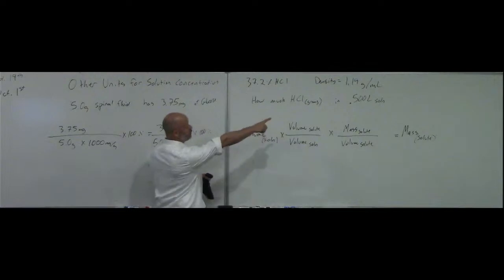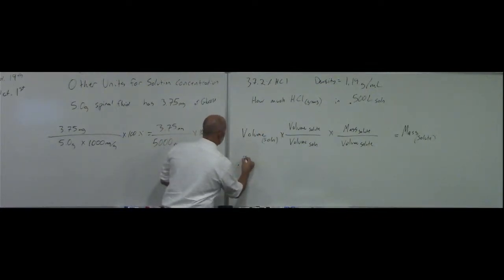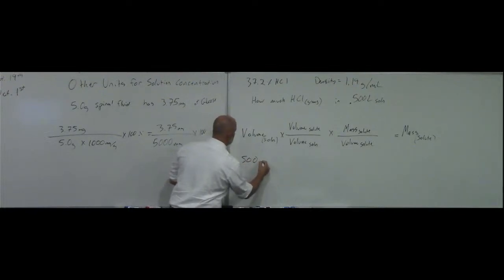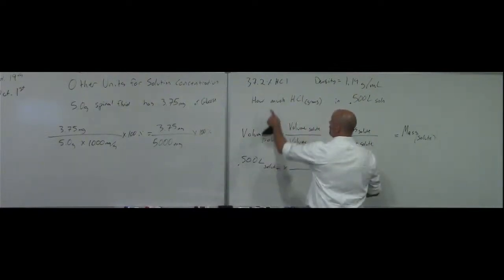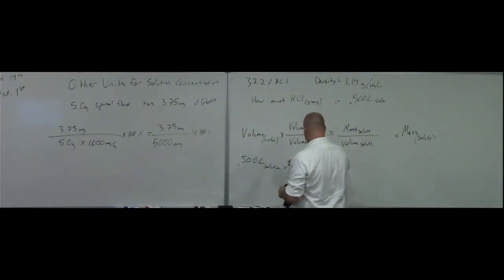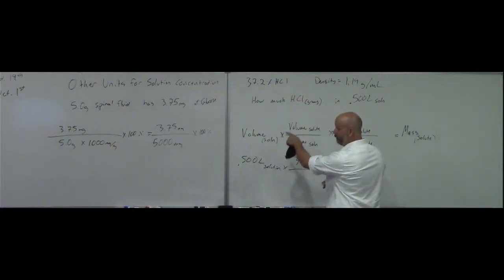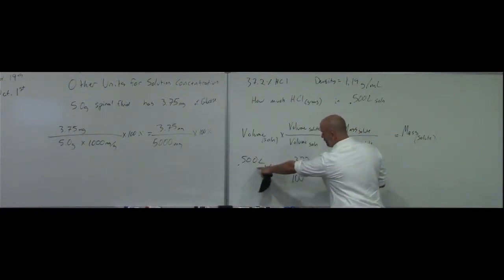My volume of solution is 0.500 liters. I'm going to multiply that by this percent situation, so I've got 37.2 out of 100. This is in liters, and I can keep it in liters.